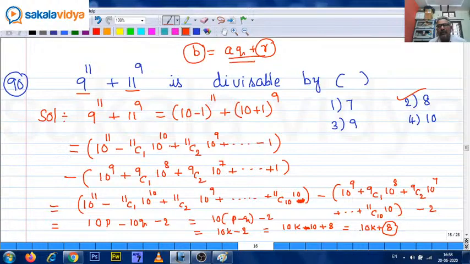Understood now? So if you divide by 10, what is the remainder? You will get 8. Option 2.